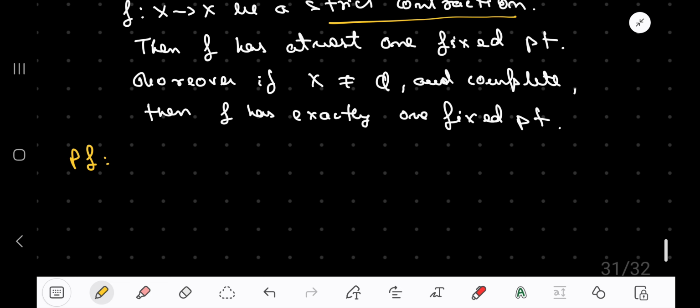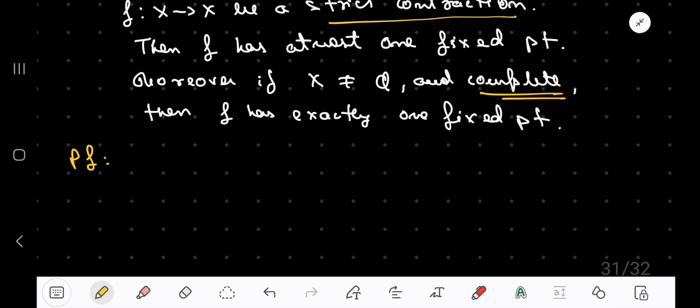A very important word to observe in this theorem is that the metric space is complete. What do I mean by a metric space being complete? That is, every Cauchy sequence is convergent. That means that we have to make use of the convergence of a Cauchy sequence, because that is the reason why we are given that the metric space is complete.